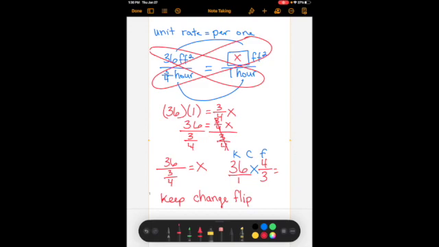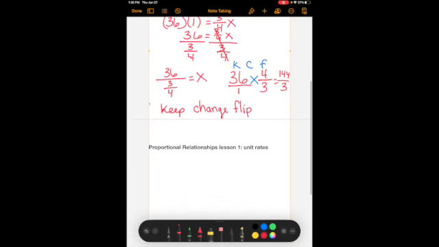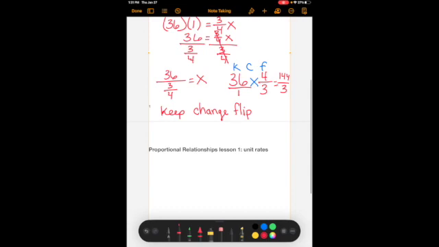Now I'm going to multiply across the top and multiply across the bottom. Once I do out the multiplication, I find that 36 times 4 is 144 divided by 3. And 144 divided by 3 is 48.